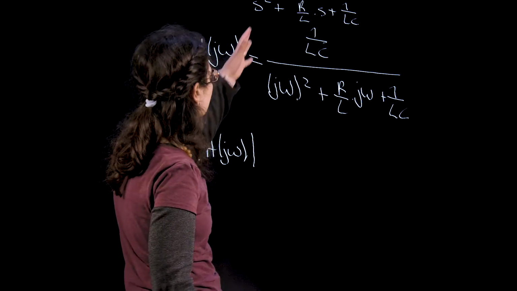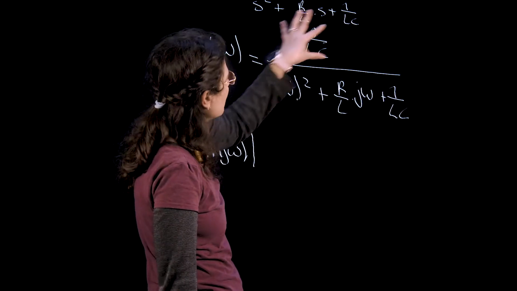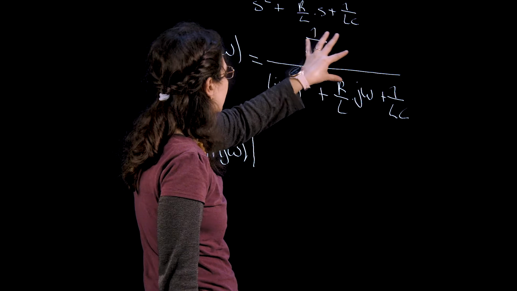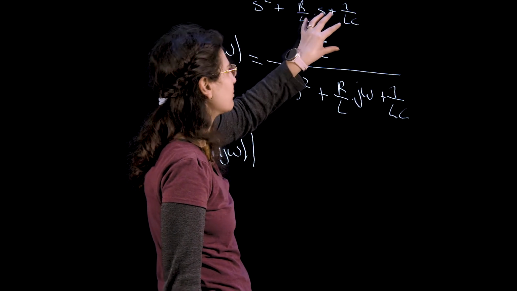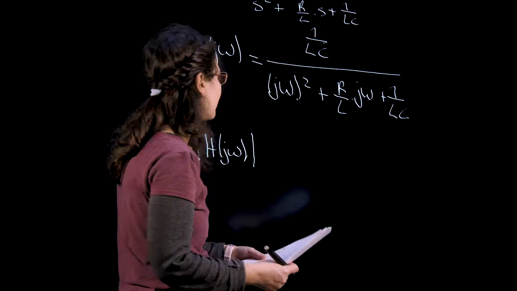The magnitude of the whole quotient is the magnitude of the numerator over the magnitude of the denominator.